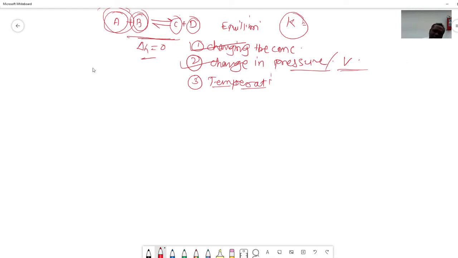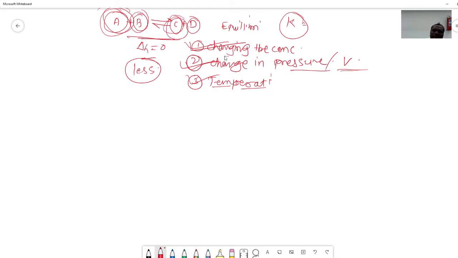If I change these different parameters of this reaction which is already at the equilibrium position, then the reaction will shift in the direction which gives less stress. Less stress means what?